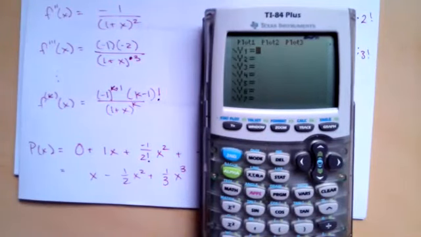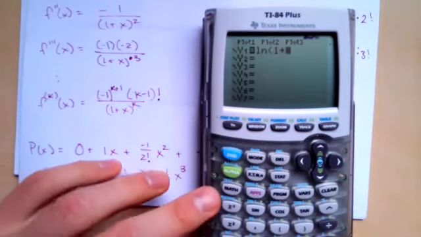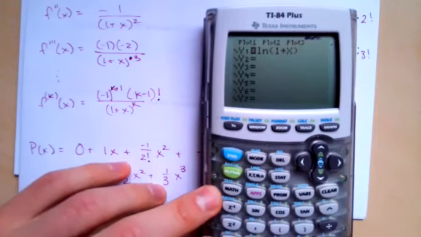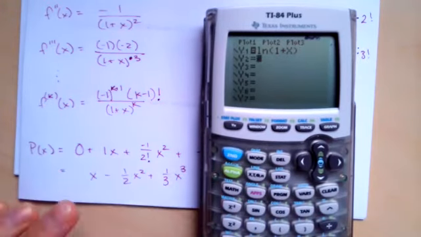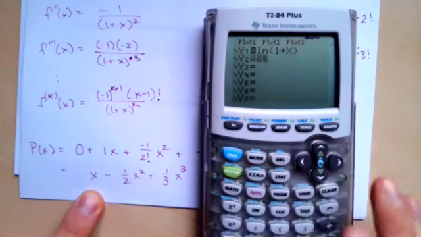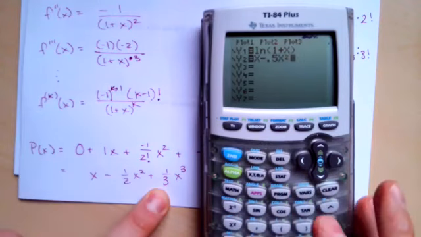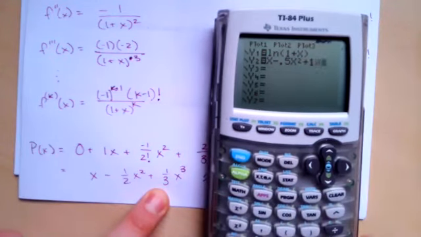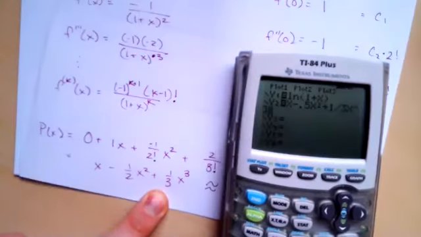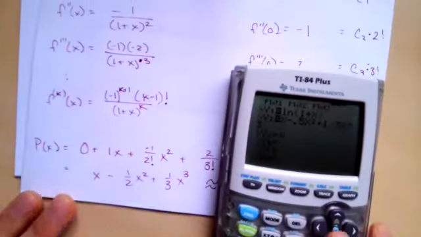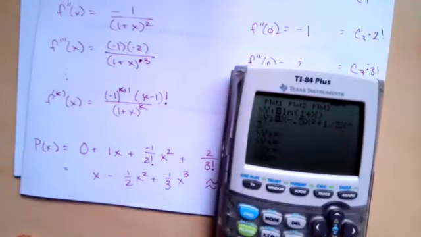So we've got natural log of 1 plus x is our y1. What was our polynomial? It was x minus 1/2, so I'll just type it in as 0.5 x squared plus 1/3 x to the third. So that was our degree 3 polynomial.